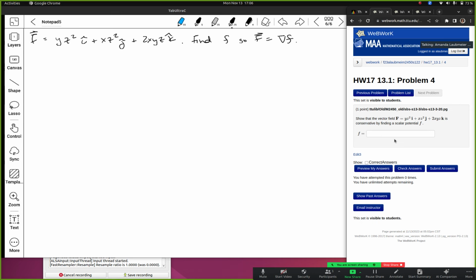So our approach here is going to be to integrate the x component with respect to x, y component with respect to y, and z component with respect to z, and then hold on to all the unique terms that we find.